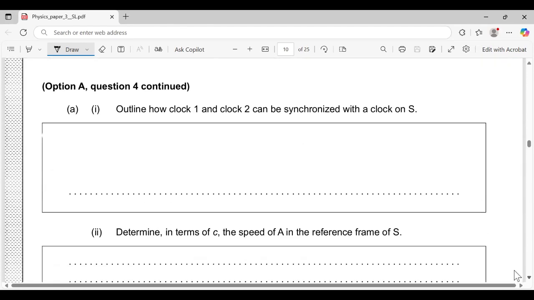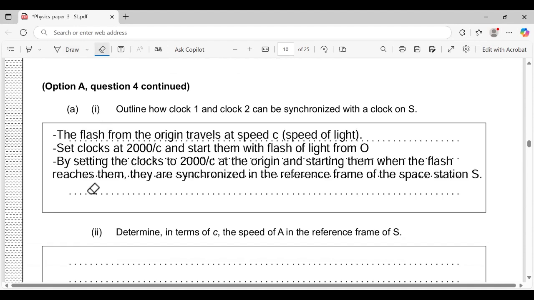Outline how clock 1 and clock 2 can be synchronized with a clock on S. I have provided my answer for this question. Let's continue.